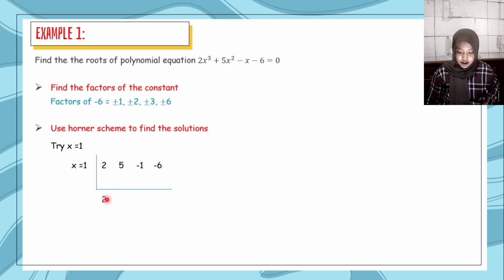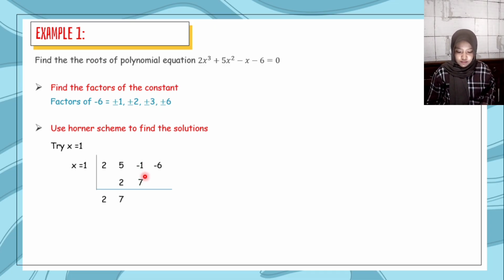Then multiply the number below the line by 1. 2, still write 2. 2 times 1 equals 2. Sum of 5 and 2 is 7. 7 times 1 is equal to 7.